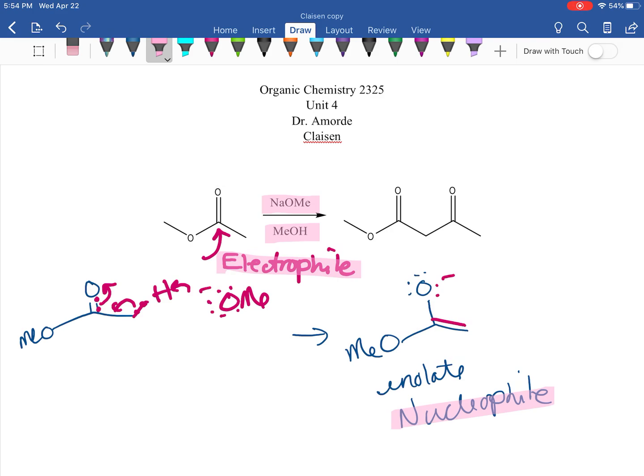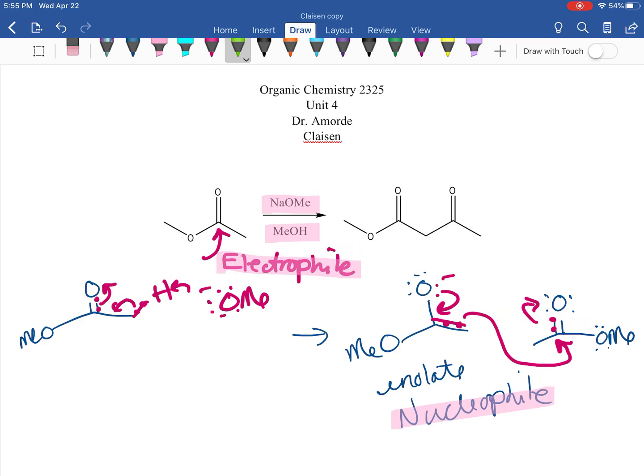So if you mix 2 of these, look at what you have. You've got an electrophile and a nucleophile right in the same mixture. So obviously they're going to react with each other. So how is this going to work then? Let's take our enolate and let's add an ester. And we'll keep it the same.